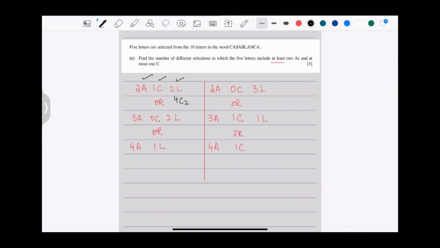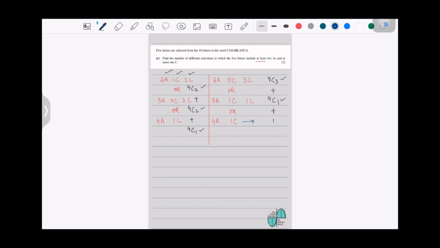So 4C2 is the selection criteria. 3 C's, this will be 4C2 again, plus this will be 4C1, this will be 4C3, plus this will be 4C1 plus one possible way.